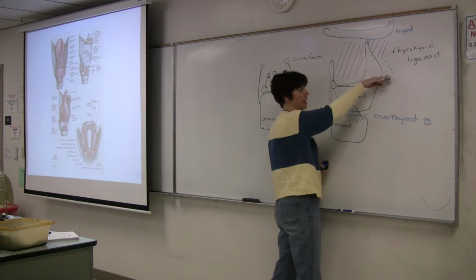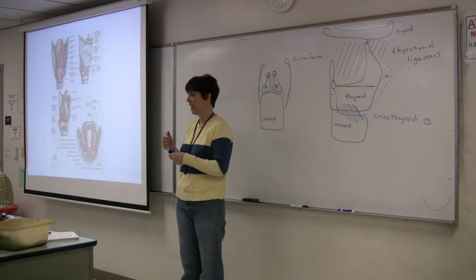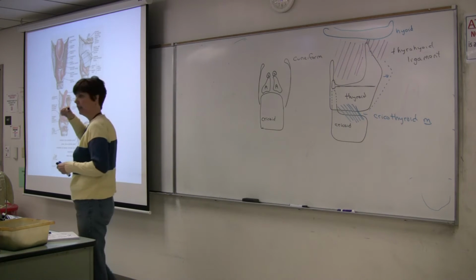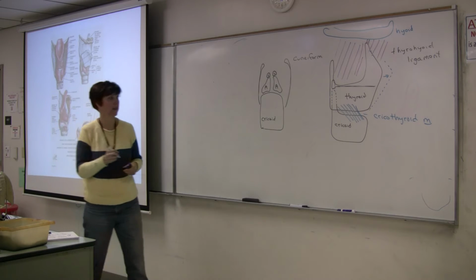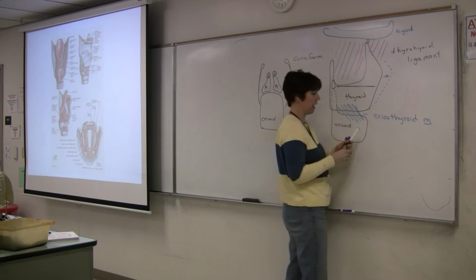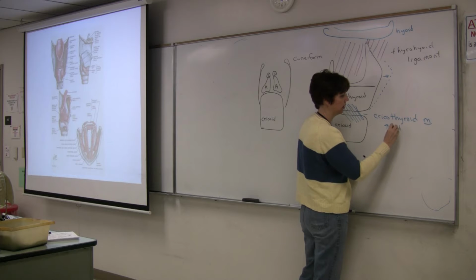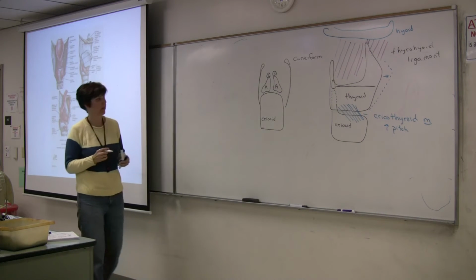All right, so if we're tilting the thyroid forward, we're stretching those vocal ligaments, and it's like tightening the strings on a guitar or a ukulele or a violin. The pitch goes higher, okay? So the function of the cricothyroid then is to increase pitch. It vibrates with a higher frequency. All right.